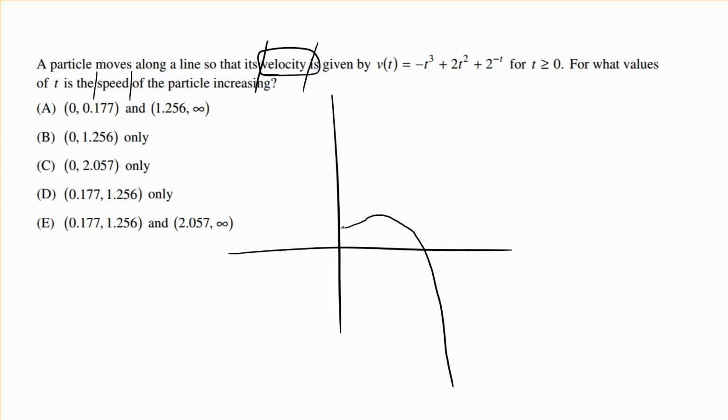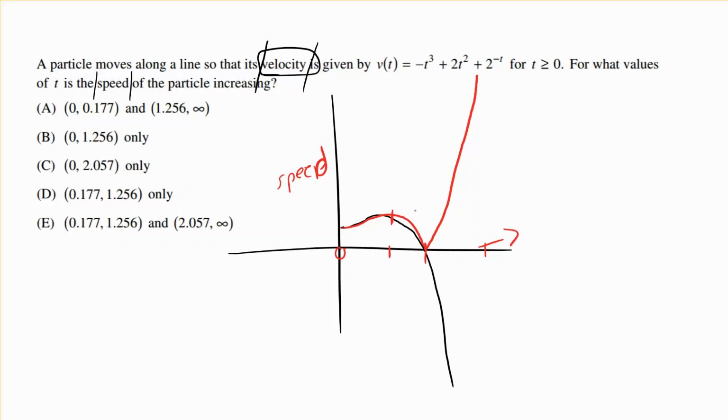That just gives me a little bounce there, and it keeps going. So now I'm looking at a graph of speed. And where is it increasing? It looks like it's increasing from here to here, then decreasing, and then increasing from there to there.